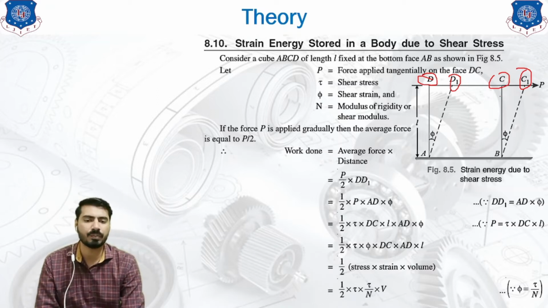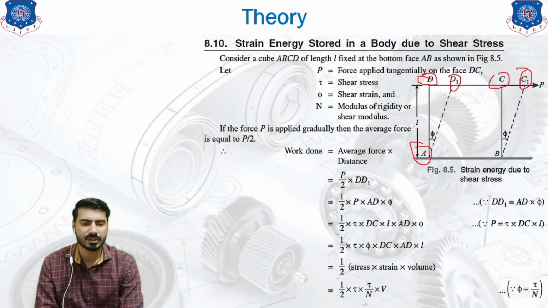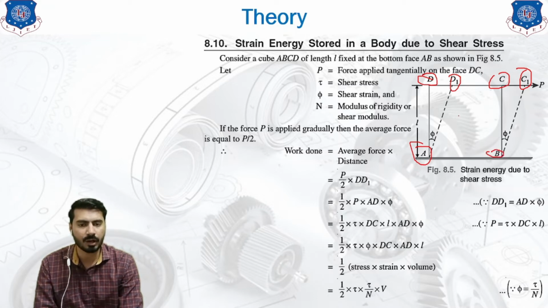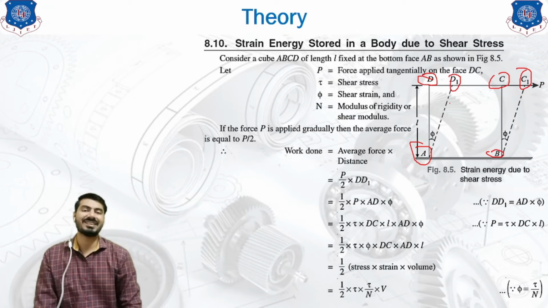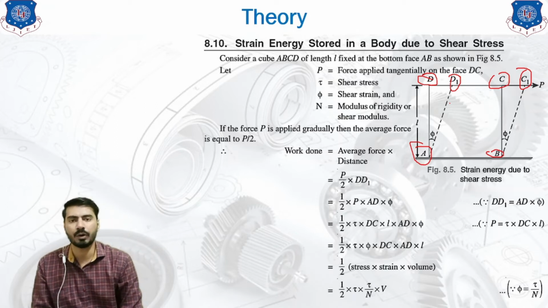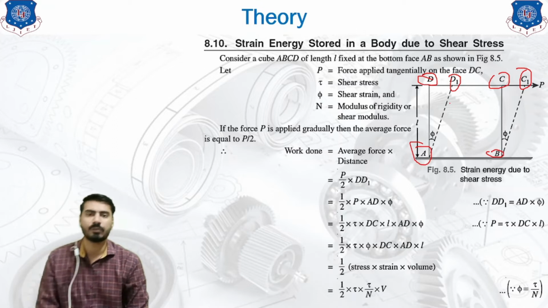Below, points A and B are both fixed at this surface, so they are not allowed to slide. As you go upward, the shearing effect intensifies; it increases with the height from the base.